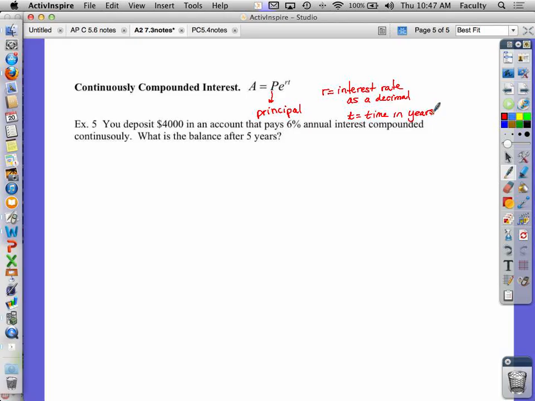So, in example 5, it says you deposit $4,000 in an account that pays 6% annual interest compounded continuously. What is the balance after 5 years? Now, I need to point out to you that in the last lesson, we learned that other formula, but that's where you were compounding monthly, daily, annually. So you have to keep that one straight. The only time you use PERT is if you see the words compounded continuously.